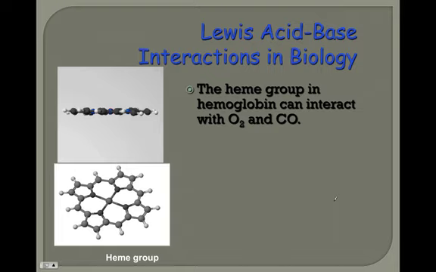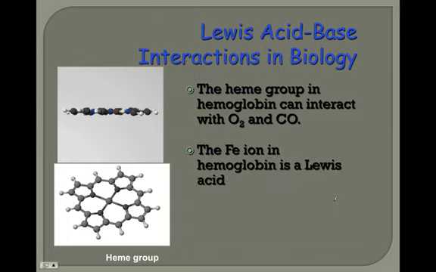But hemoglobin can interact with O2 and CO because the iron ion that's in the hemoglobin, which is where the term heme comes from, that heme group, is a Lewis acid, which means that it is accepting the electron pair from the O2 and the CO in order to bind on to that oxygen, take it to the cell, and then bind to the carbon dioxide and take it to your lungs.